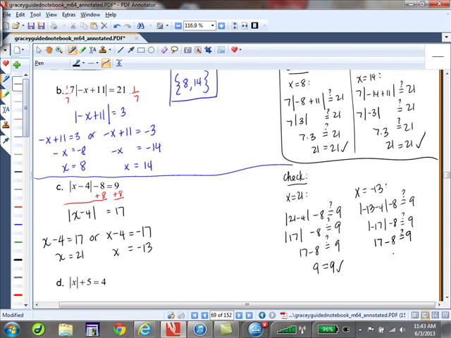Is that equal to 9? 9 equals 9, and you're good. And again, you can use your calculator to check. Since we have time in the video, I figured I would show the checks. So our results were negative 13 and 21.